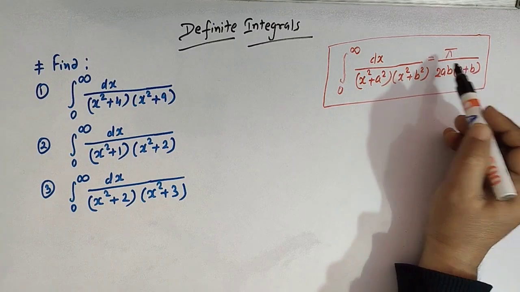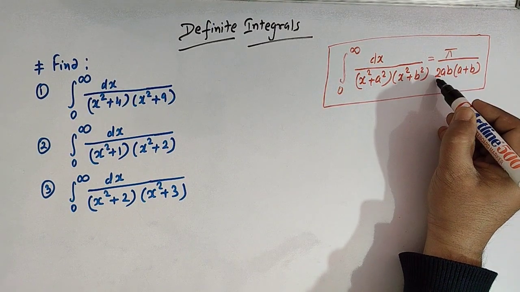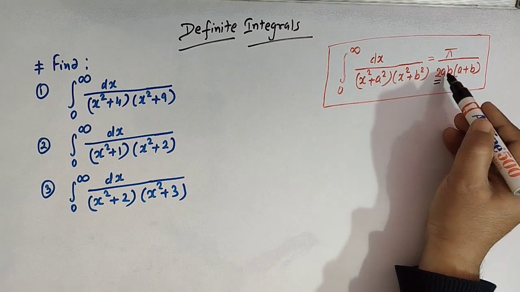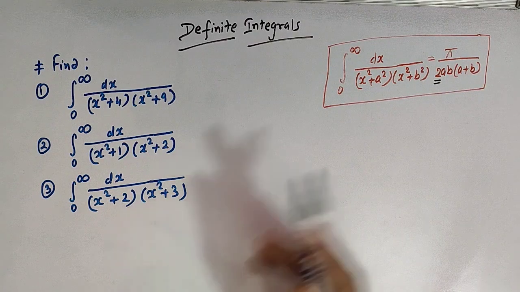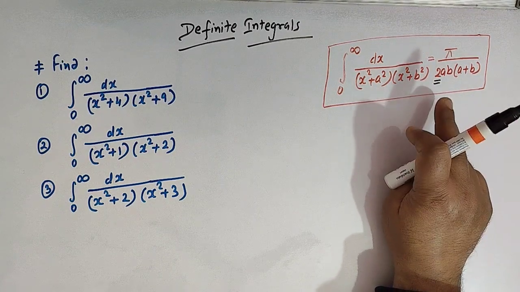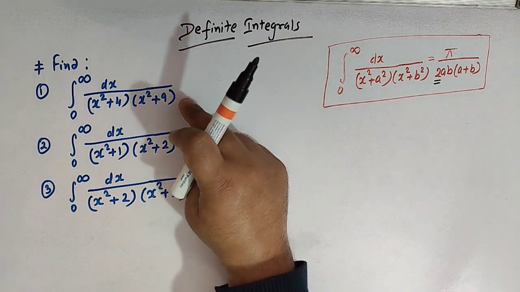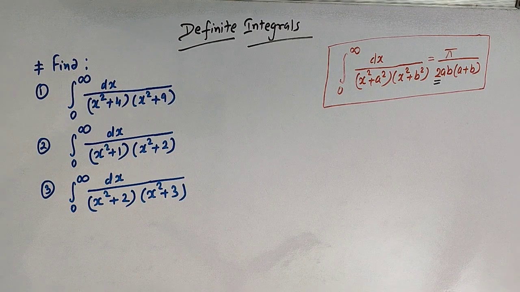So the value of this integral is pi divided by the factor 2, then the product of a and b, and then the sum of a and b. Let us now compare this integral with these three integrals, and we can easily get their values.